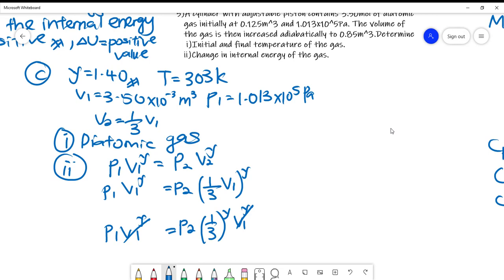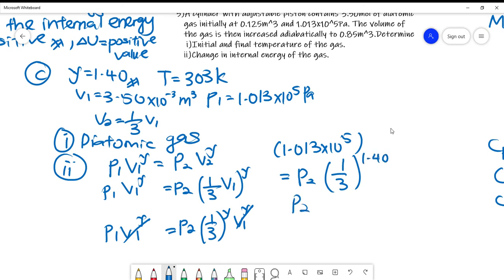What will be our P1? 1.013 times 10 to the power 5, which equals P2, and P2 is the one that we need to find, with gamma 1.40.